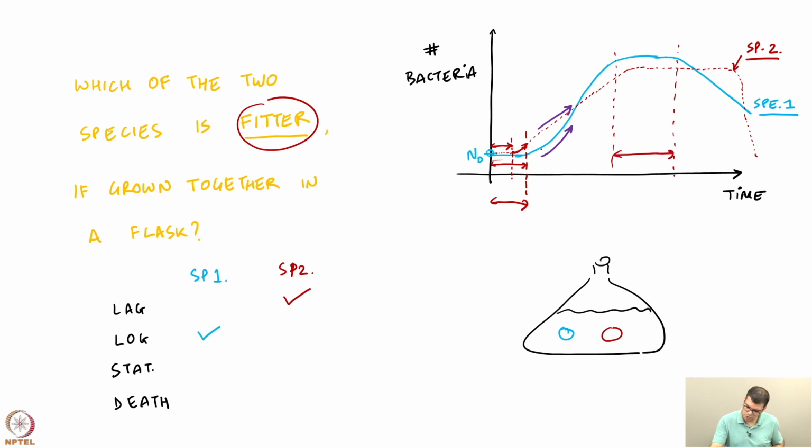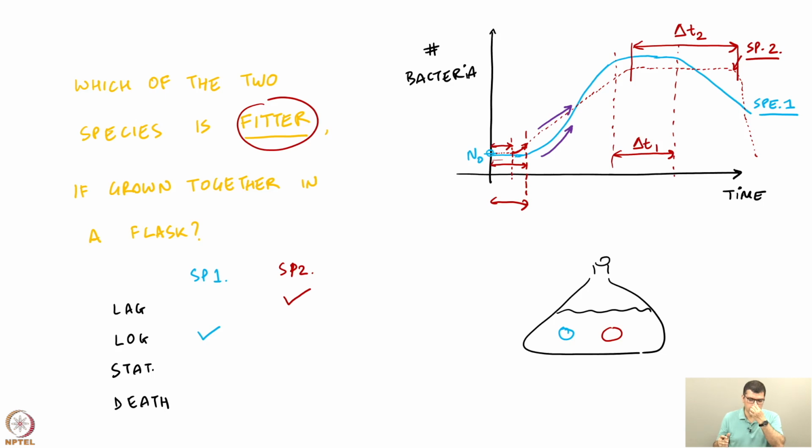Of course, because it was growing very rapidly, it entered stationary phase faster as compared to species 2, whereas for species 2, the stationary phase is much longer. So, let us say this is delta t1 for species 1 and this is delta t2 for species 2. Delta t2 is greater than delta t1.